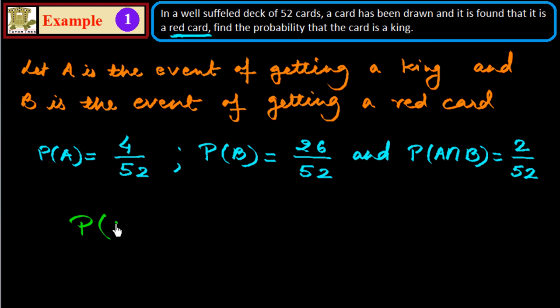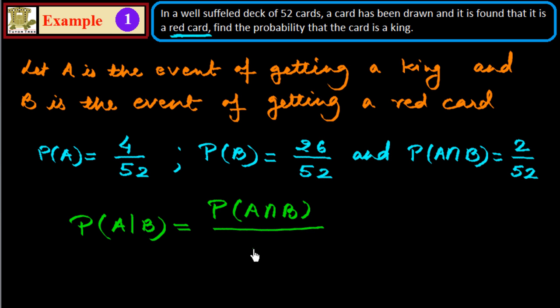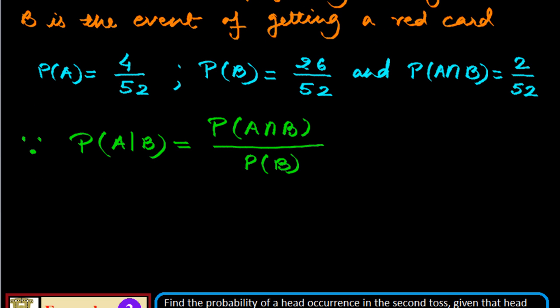So we have to find the probability of A given B, where B is given to us. So we write probability of A intersection B over probability of B. Whatever is given, that probability we have to write in the denominator. Now we put down the values.